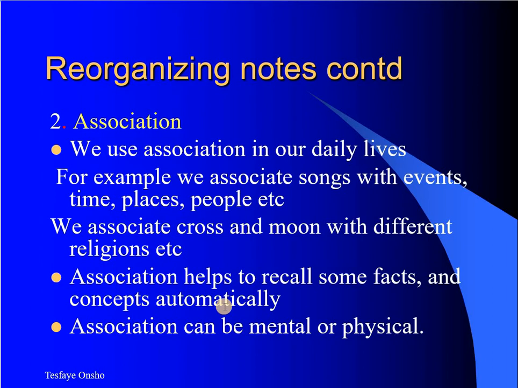Here we use association. This is the most important concept in study methods. We associate things. Normally, this is how our mind tries to organize information, but when we do it deliberately, it is really very helpful for remembering.